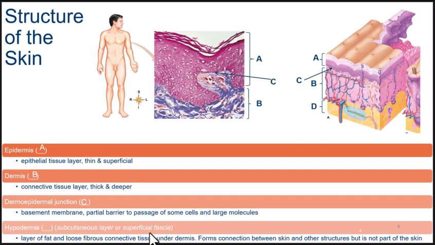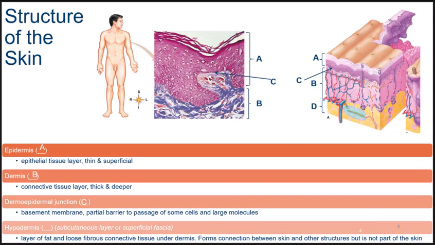It's considered to be a barrier, but only a partial barrier because it does allow for the passage of some cells and molecules. You can think of this layer as sort of the glue that holds the epidermis and the dermis together. So this line right here.